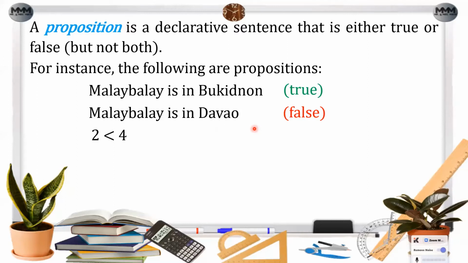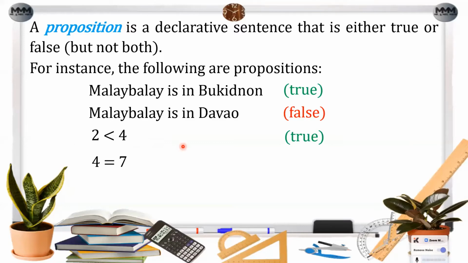Another one here, 2 is less than 4. Actually, this is a mathematical statement. It expresses a complete thought, and we can tell whether this statement is true or false. Obviously, this statement is true.